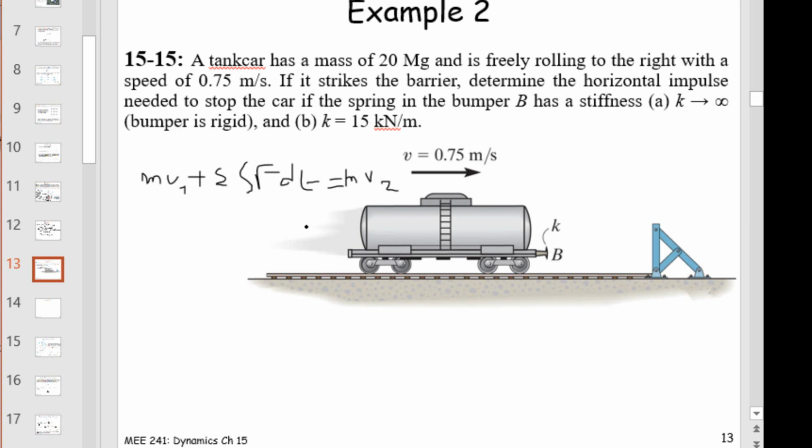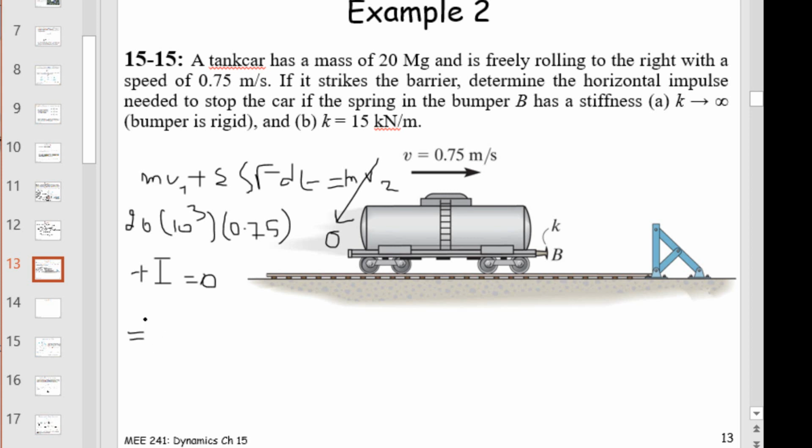Okay, so what I'm gonna do now is to, of course, cancel out this mv2, so this will be equal to 0, and now mv1 will be equal to 20 times 10 to the power 3, because this is in megagrams, times 0.75, which is the velocity of this tank car, plus I, so I'm gonna call it I, is equal to 0.